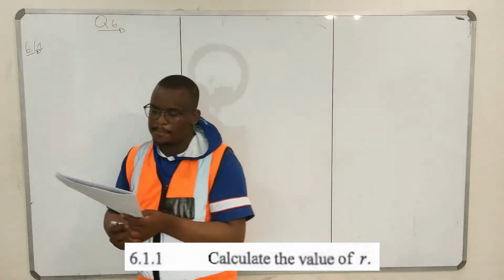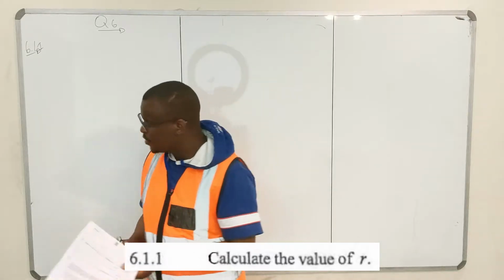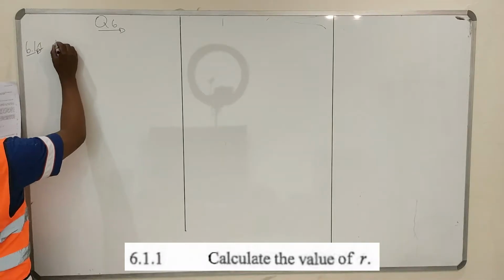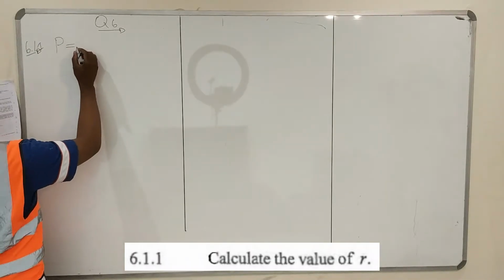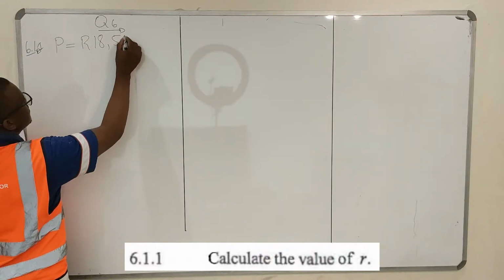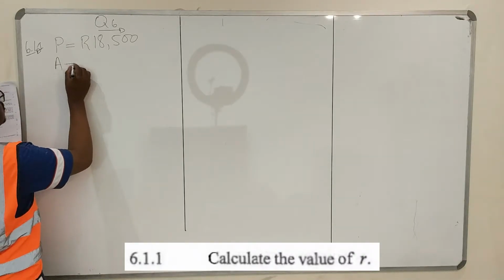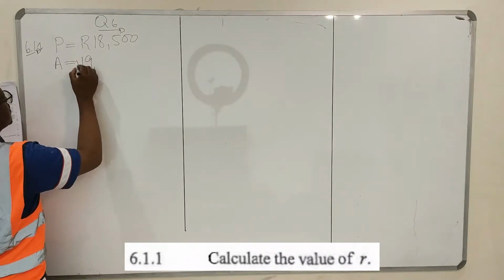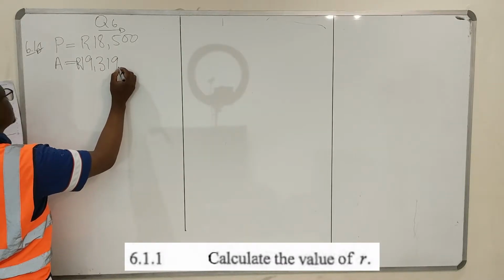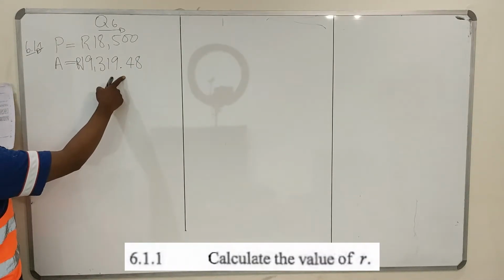What are they saying? They are saying calculate the value of R, right? So what are you given? You are given that the person deposited a principal amount of 18,500 rands into an account, and then this 18,500 accumulated to 19,319 rands 48 cents.